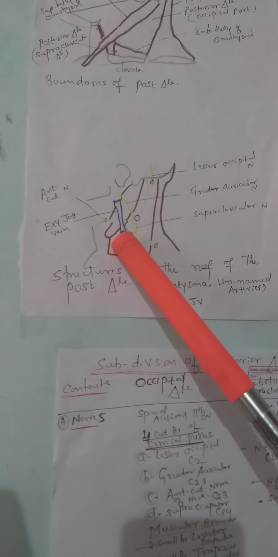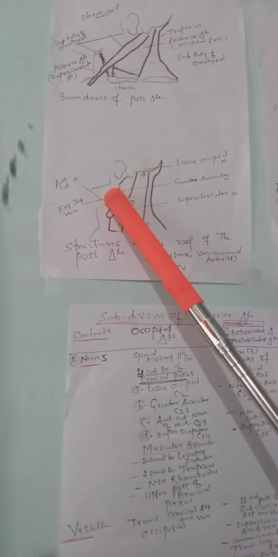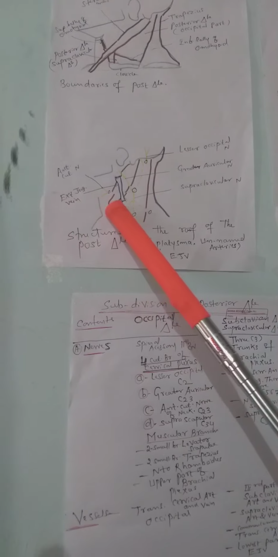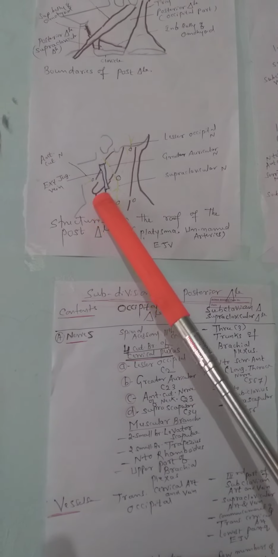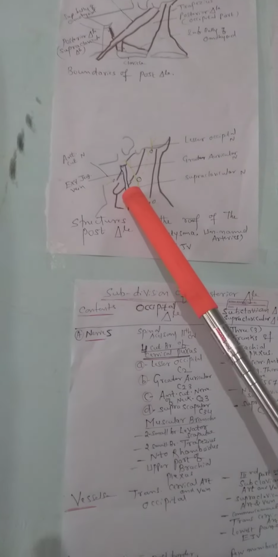The external jugular vein is formed below the posterior angle, the lower part of the parotid gland. It is formed by the posterior division of the retromandibular vein and the posterior auricular vein.